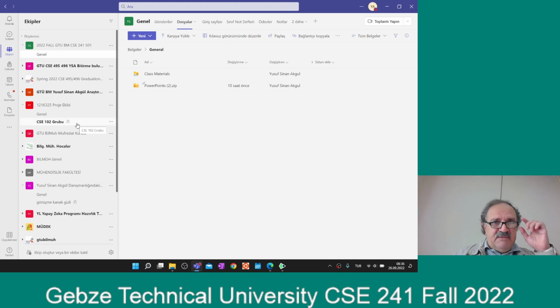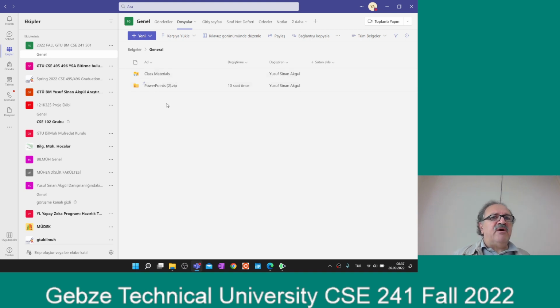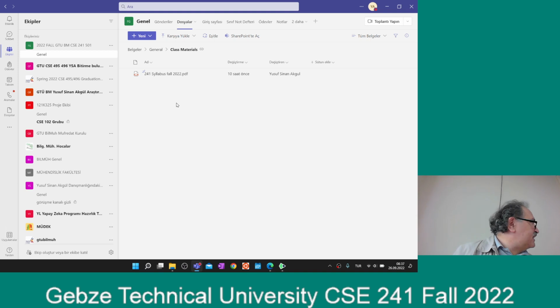Everybody is using Teams, I suppose, and this is our Teams base page. It is 222 Fall GTU BM CSE 241 501. For now, I have a few things. One of them is the PowerPoints of the book slides. It's a zip file. The other one is the syllabus, the very syllabus that I am discussing right now.